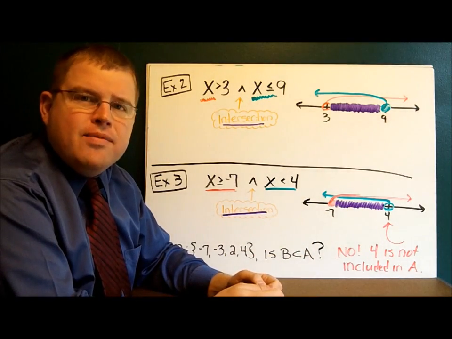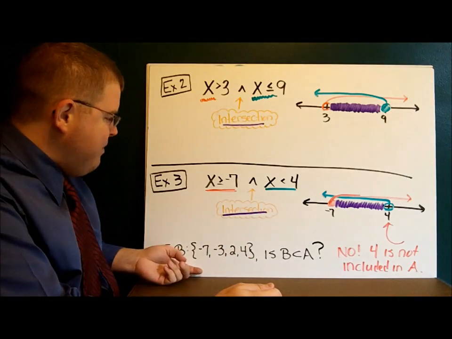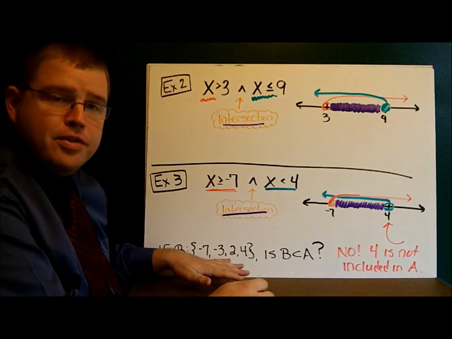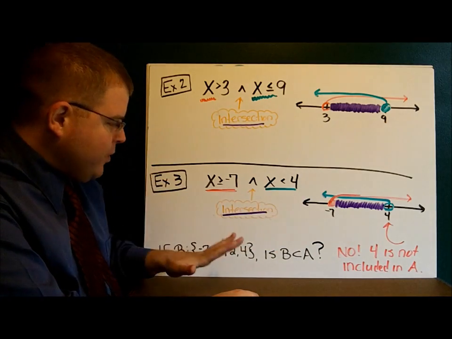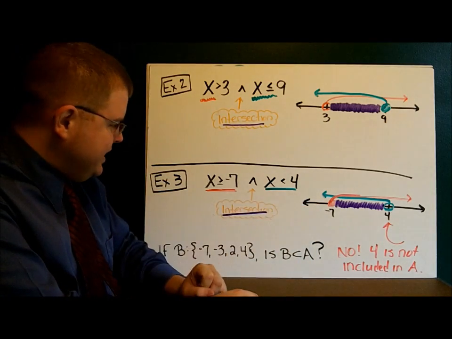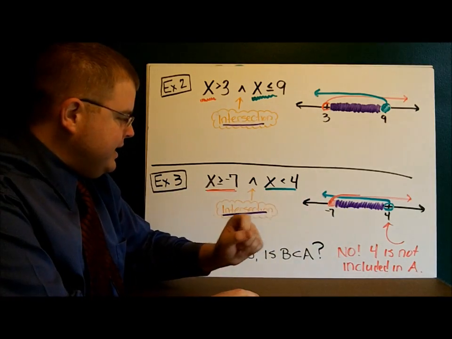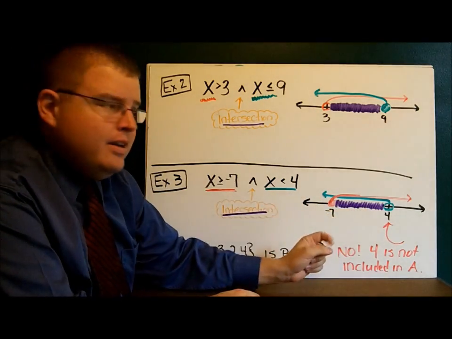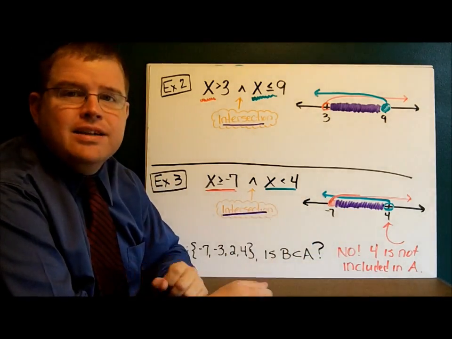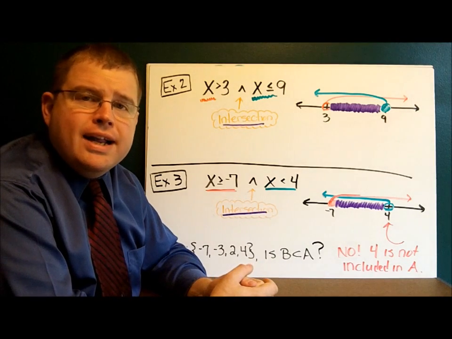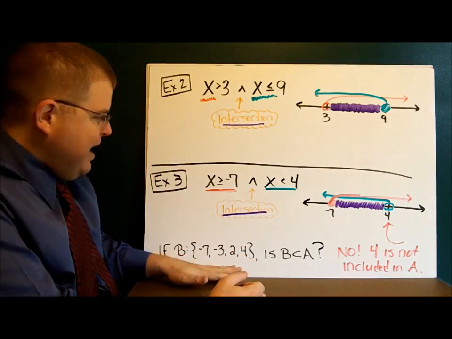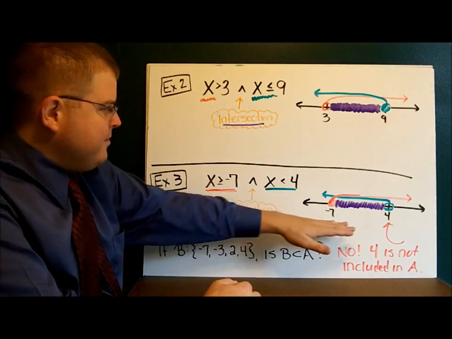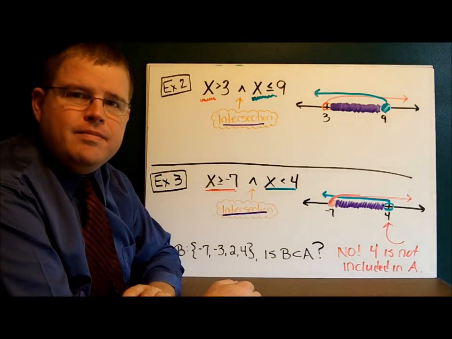Now the second part of that question says, if set B is -7, -3, 2, and 4, is B a subset of A? Well, let's see. -7 is in there, -3 is in there, 2 is in there, 4 is not. 4 is an open circle. 4 is not included in that set. Therefore, set B is not a subset of this set.